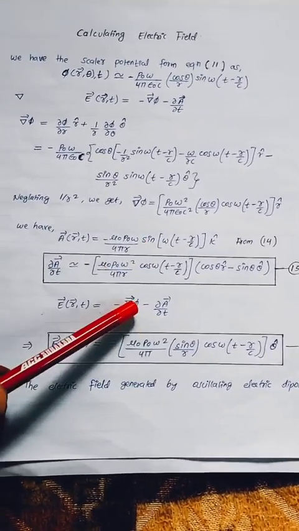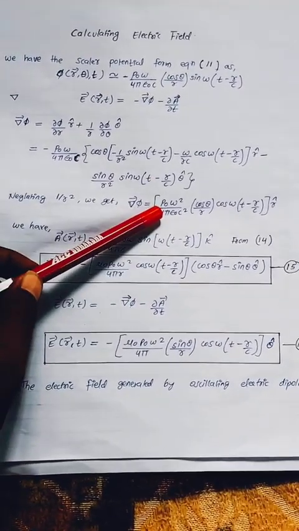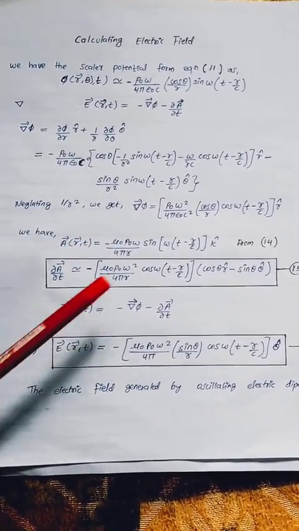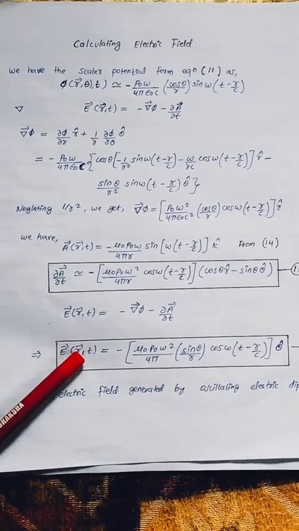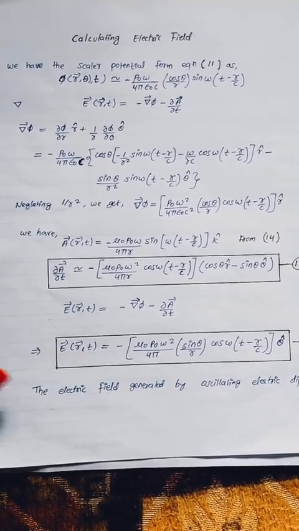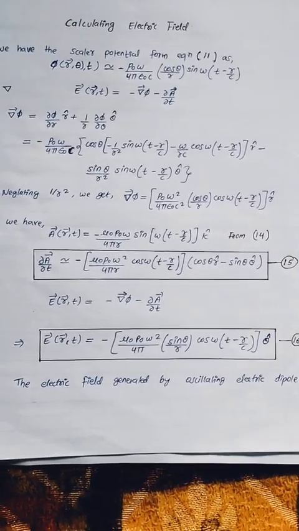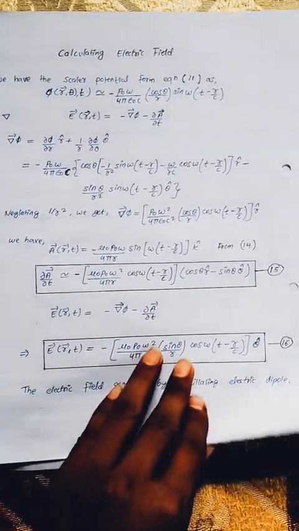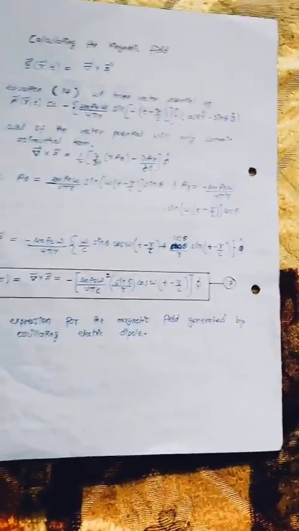From this term we have found here, and this term we have found here. Then put these in the electric field equation. Therefore we got the electric field generated by the oscillating electric dipole.